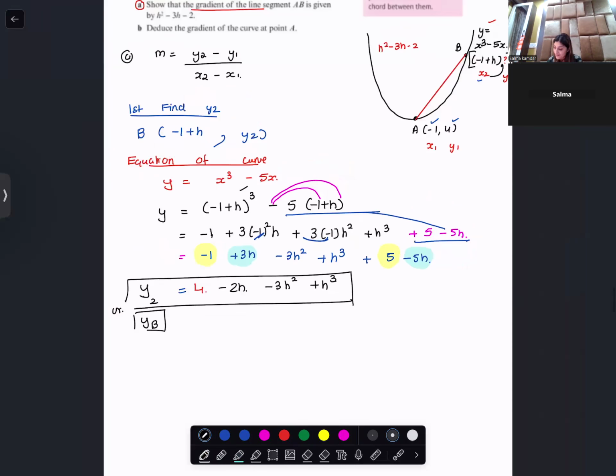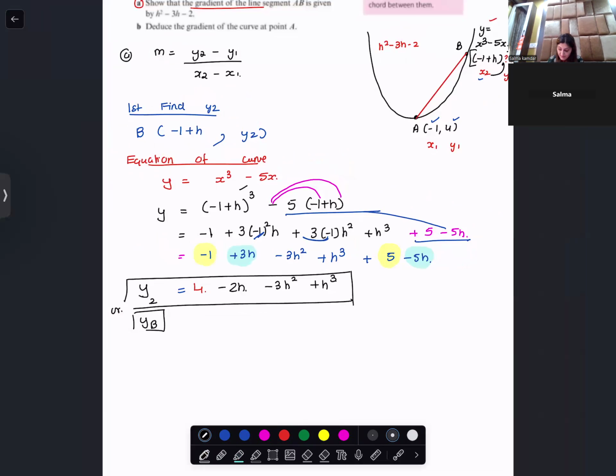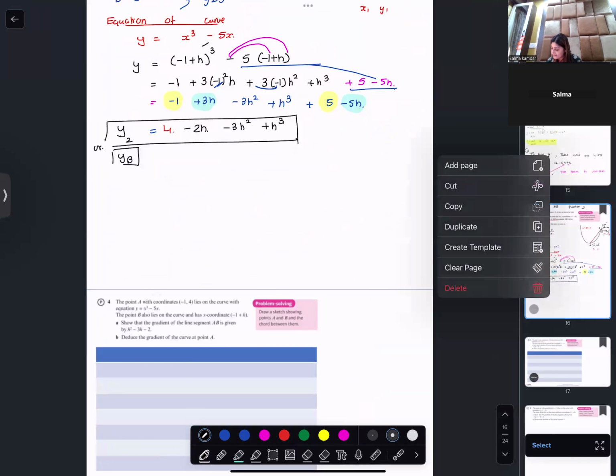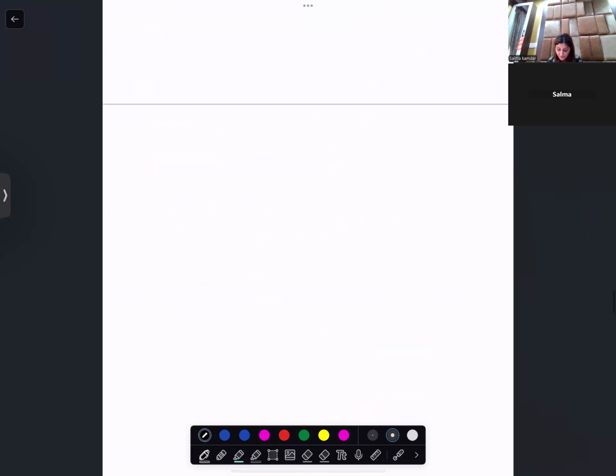Now I have my x at point B, I have my y at point B. Now I'm looking to find the gradient of AB.